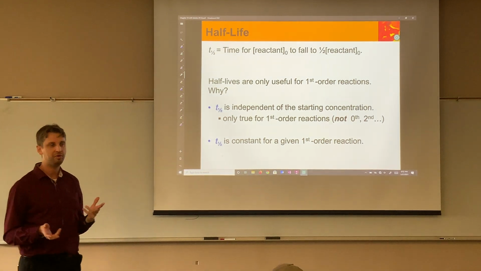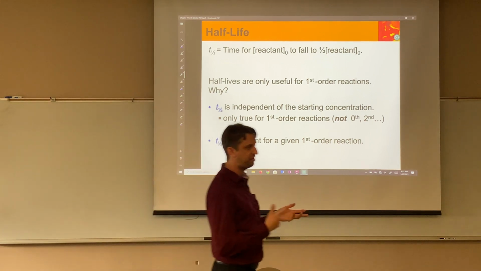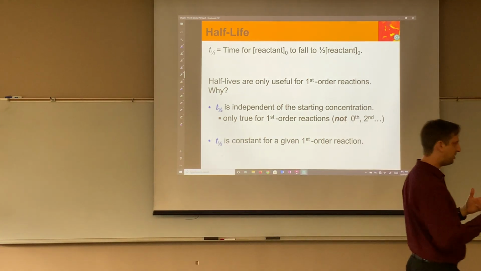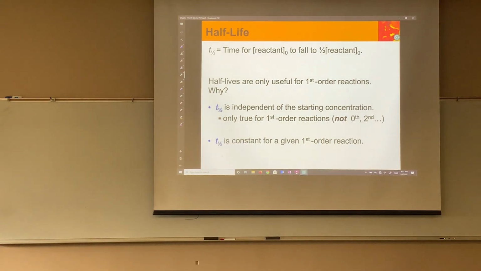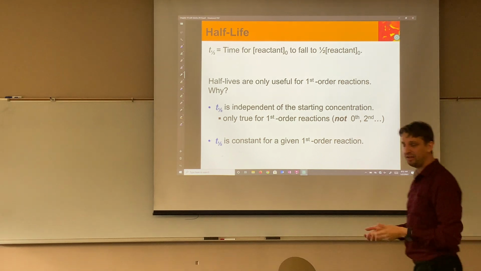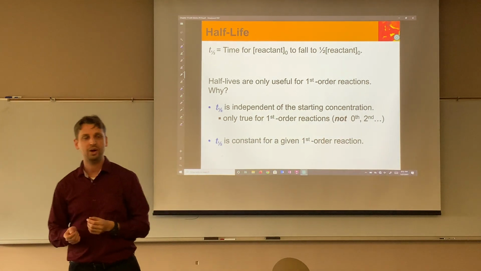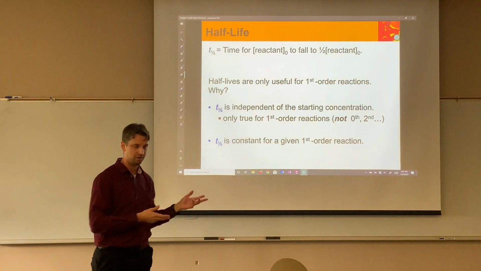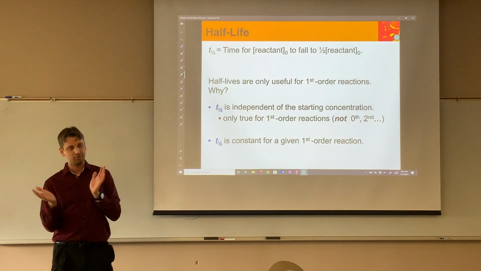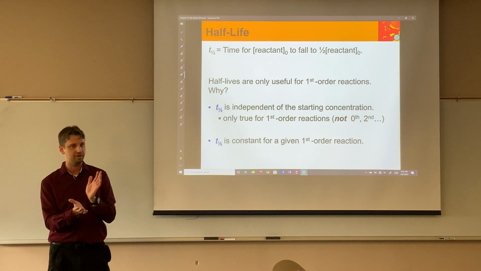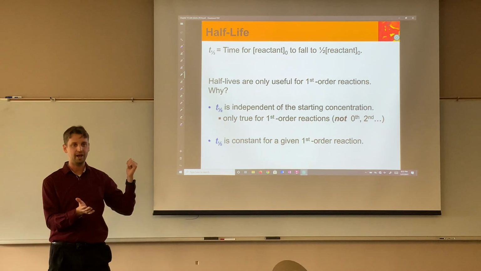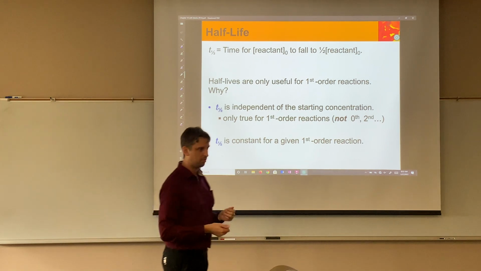If you don't have a first order reaction, that same statement doesn't hold true, and so we can't approach it in the same manner. I'm not saying we can't figure out what the concentration is after a given amount of time, we have those integrated rate laws. But when we're specifically dealing with half-life, where the concentration drops exactly to half in a first order reaction, then we can apply what we're about to do.